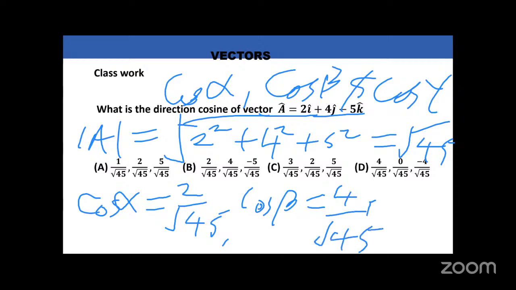And then the last one, which is cos gamma. Gamma is the angle between the z component and the resultant. What is the z component? Minus 5. So that is minus 5 over root 45, and you write it up there.